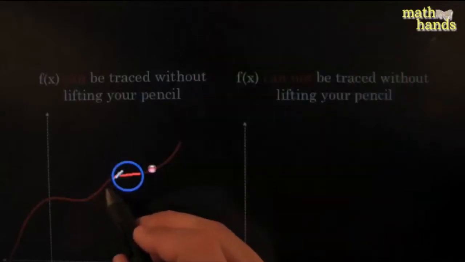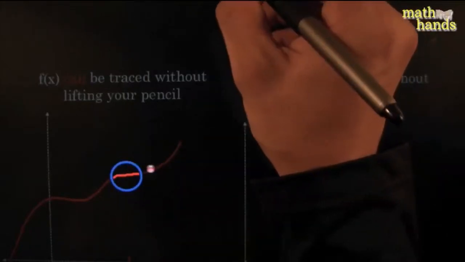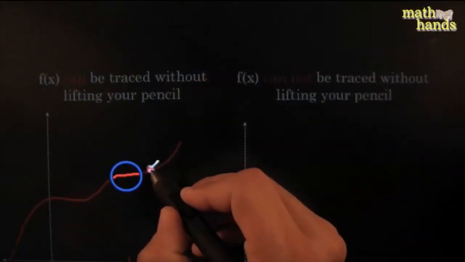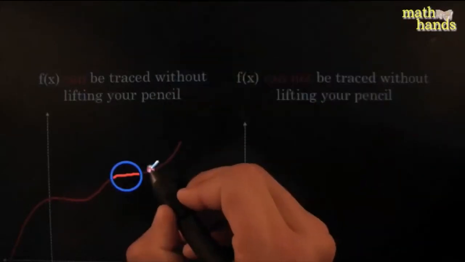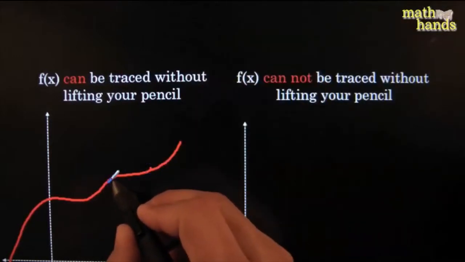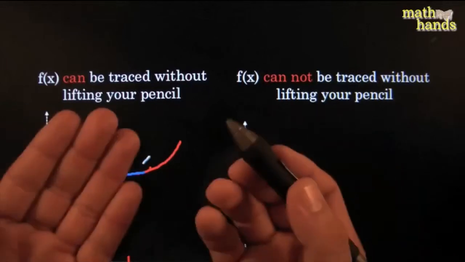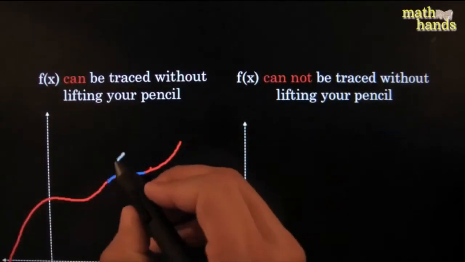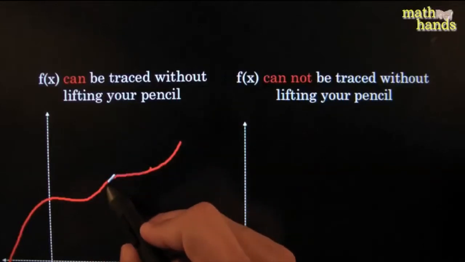And so you look at the little tiny neighborhood around 5 on the graph. So this is 5. This would be a little tiny neighborhood around that right there. The question is, could you trace it there without lifting your pencil?